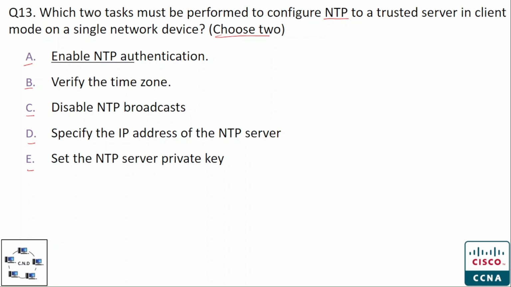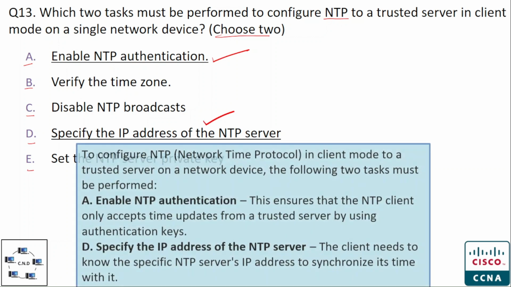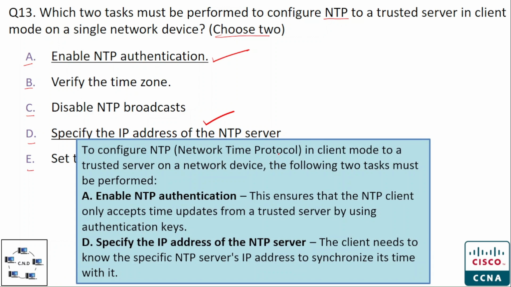The correct options are option A, enable the NTP (Network Time Protocol) authentication, and the second correct option is to specify the IP address of the NTP server. To configure NTP in client mode to a trusted server on a network device, two tasks must be performed.